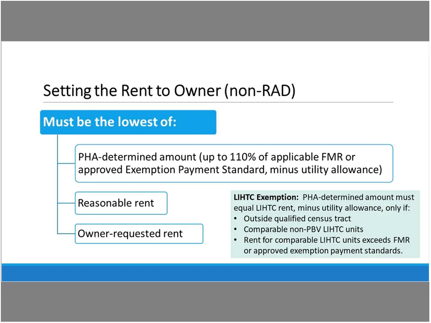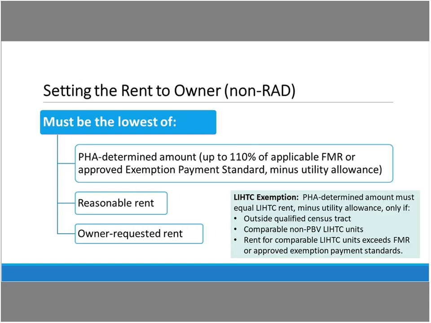Setting rents to the owner in a NOD-RAD context. So the rent for a PBV unit is the lower of the Public Housing Authority determined amount, which can be up to 100% of your FMR.